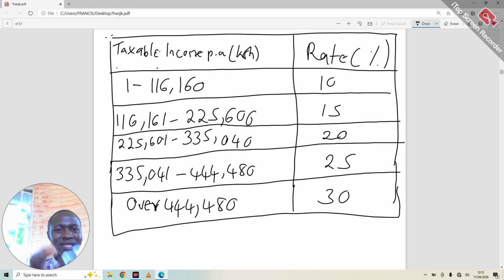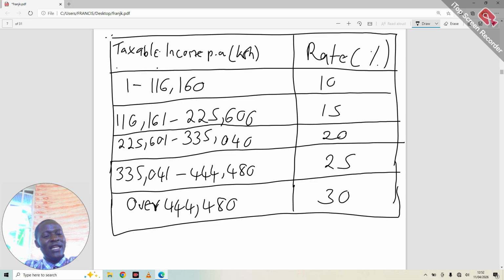This very first band in that table will guide you. Is it taxable income per month or is it taxable income per annum? That part is very important. Then go back to the question. Check those amounts.